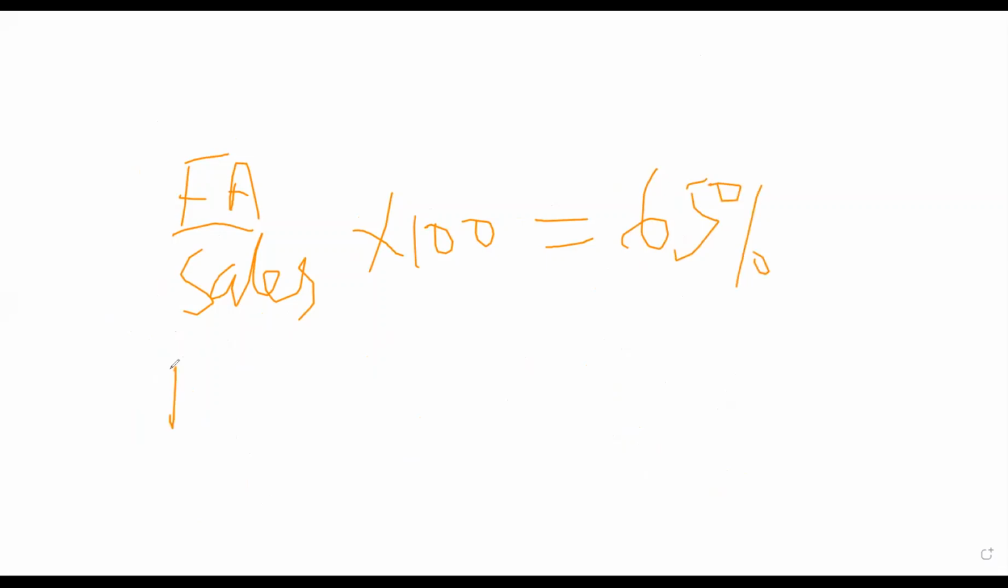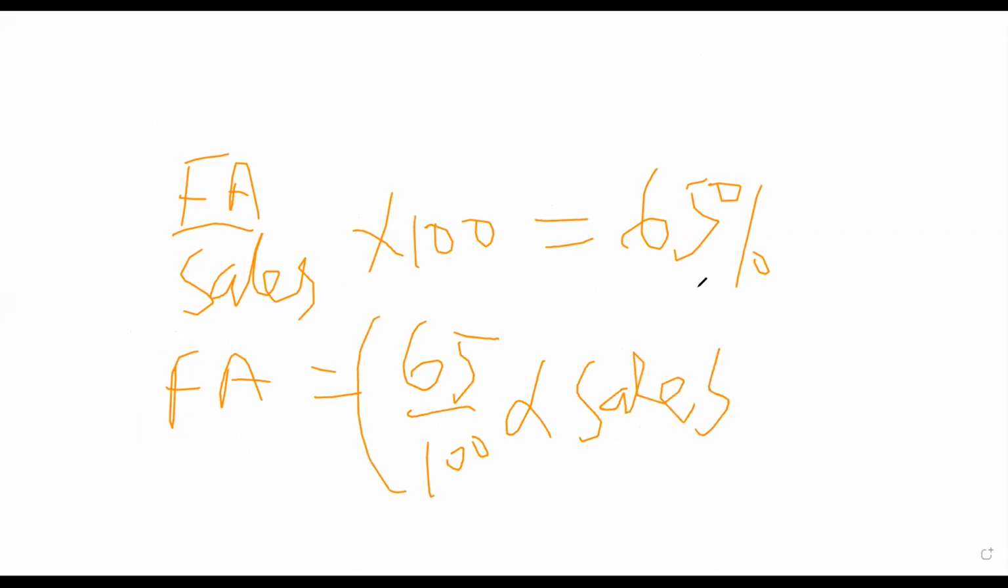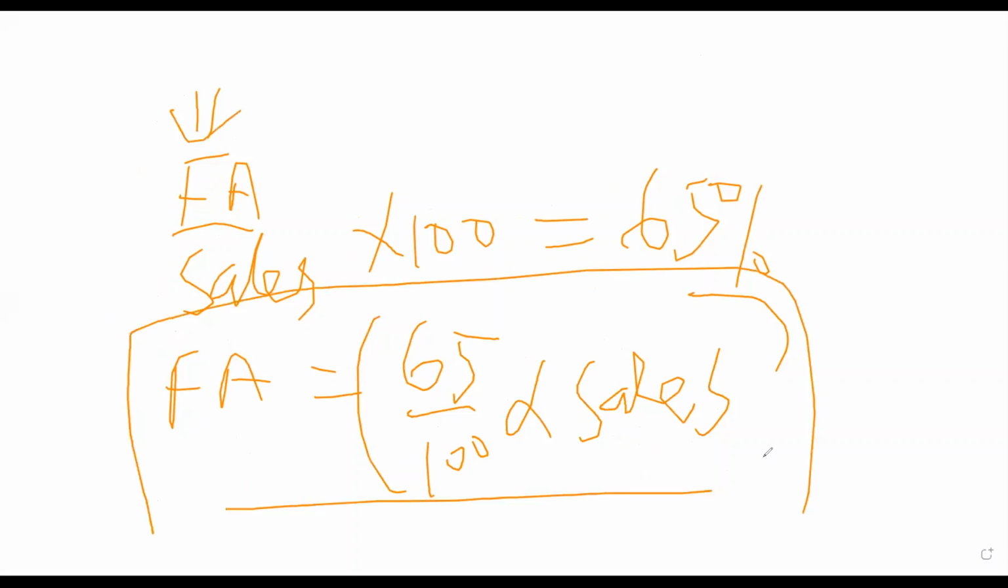Now, if you are looking for fixed assets, it is 65% of sales. You are looking for the total fixed assets of which year? 2010. So it should be 65% multiplied by sales for 2010.